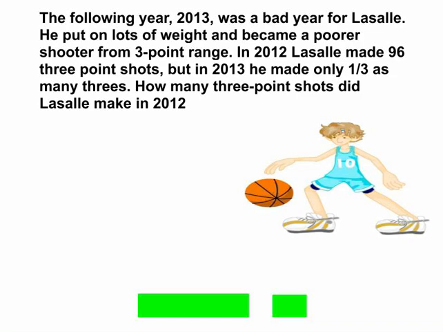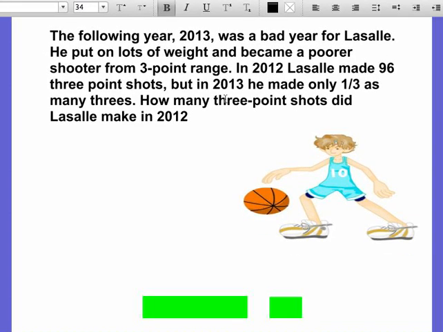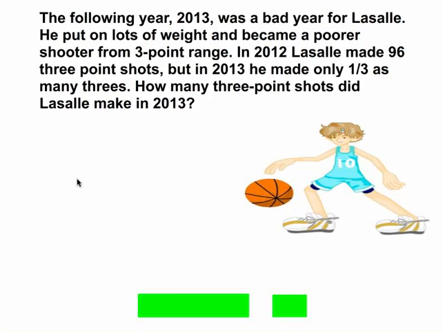How many three-point shots did Lasalle make in 2012? That should actually say, and those of you paying close attention probably recognize that should say 2013. In 2013, he made only 1/3 as many threes as he did in 2012. How many three-point shots did he make in 2013?